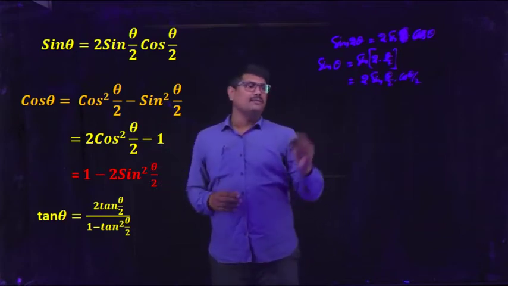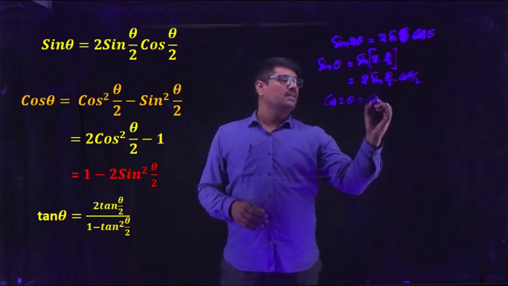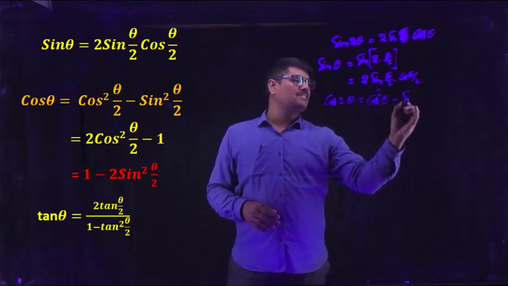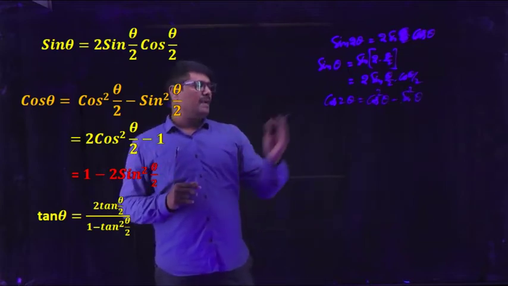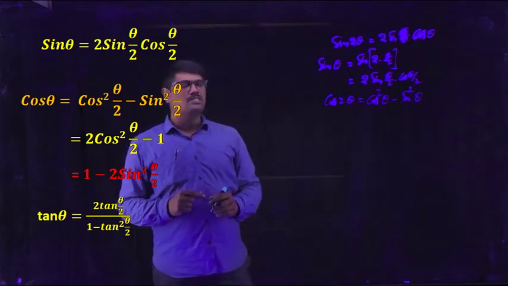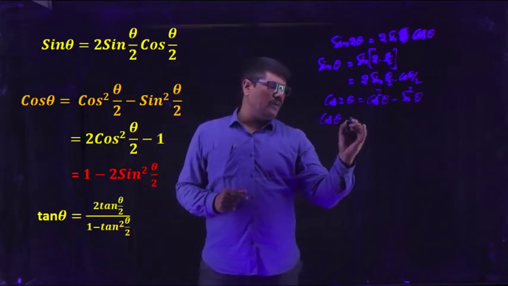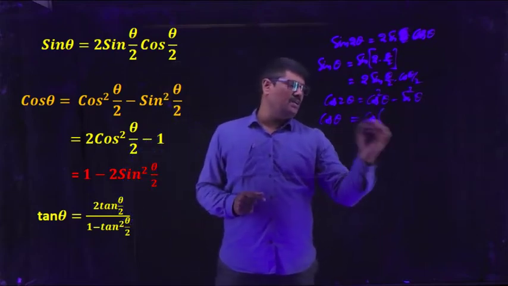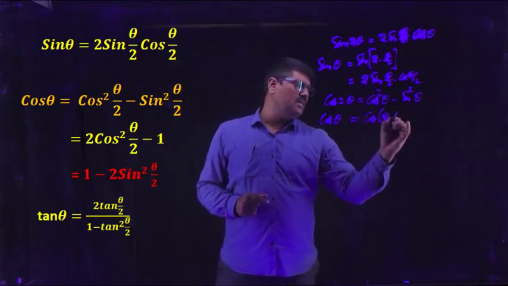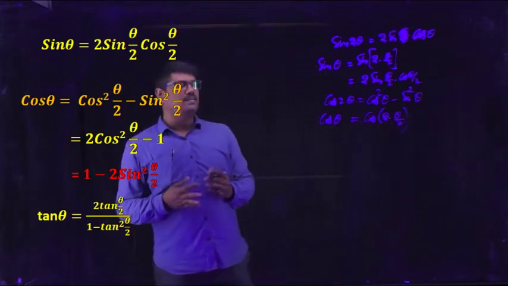Again, we have cos 2 theta. What is cos 2 theta? That is cos square theta minus sin square theta. Actually, we already practiced the cos 2 theta formula. Now, we want to know the formula for cos theta. So you can change cos theta as cos of 2 into theta by 2, and 2 into theta by 2 is again theta.